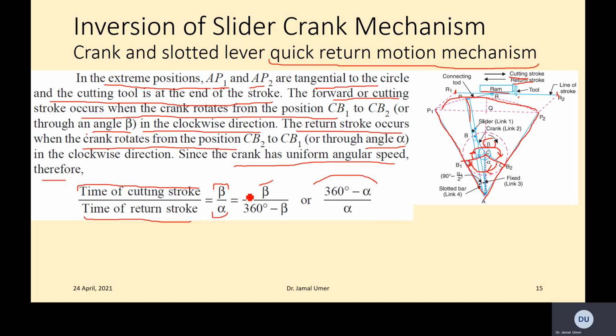So basically you can calculate the ratio of cutting stroke to return stroke. This is called the time ratio as well. We will use some problems and then you will use it over there. So the time ratio can be determined by just taking the ratio of the angles.